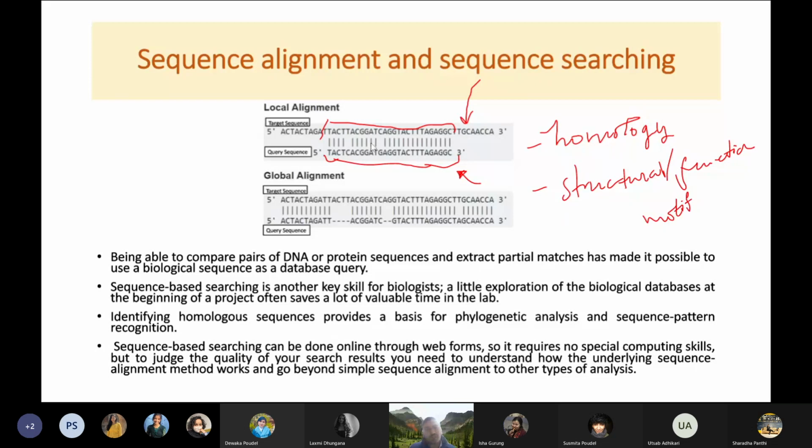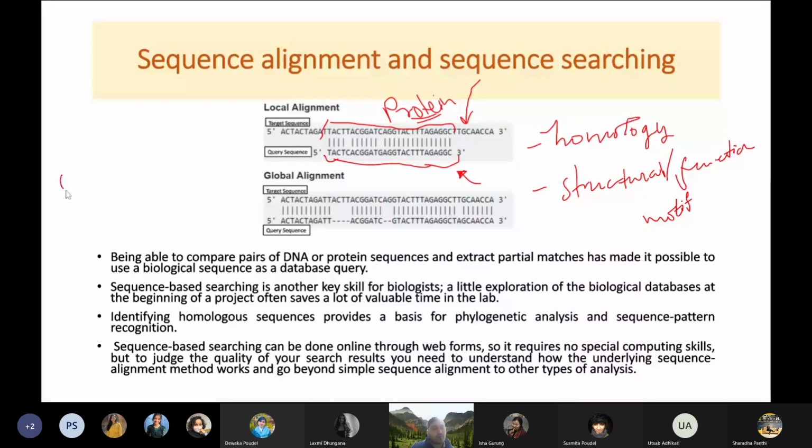So if this was the case with a protein, then what we can deduce is that if they have a similar kind of sequence, the residues are similar, and maybe they fold in a similar way, or they have a similar kind of function. So it may be due to homology, or it may be due to independently convergent evolution.